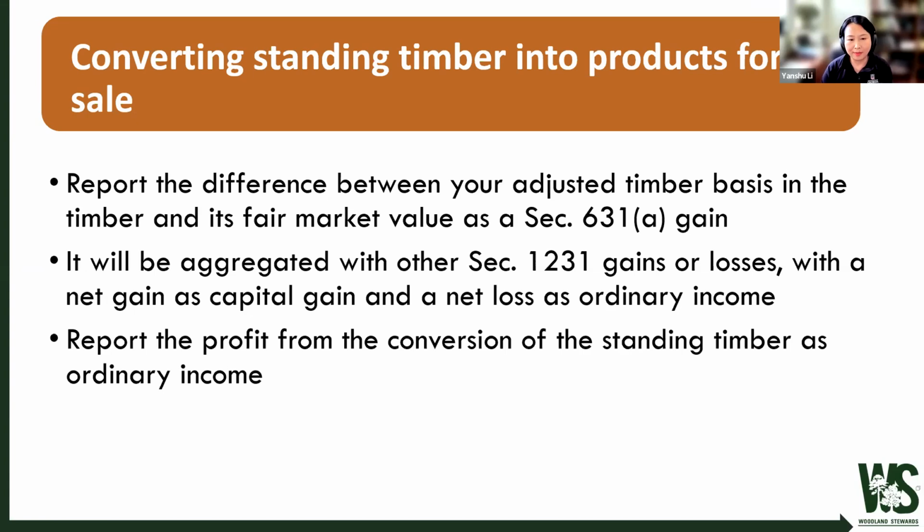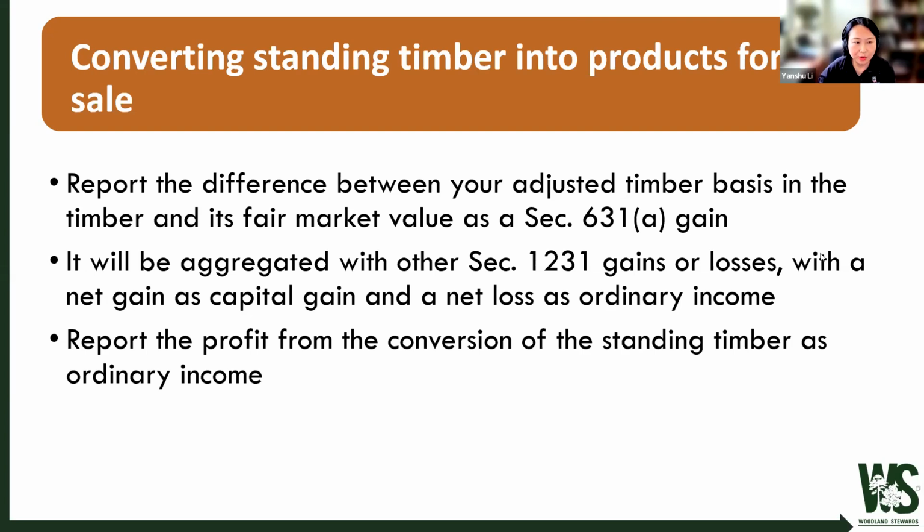And then, like Andrew said, that will be Section 1231 gain if your revenue is more than basis, and if it's less, then it's a loss. And then, just like Andrew mentioned, you need to aggregate it with other Section 1231 gains and losses, and then figure out whether it's a capital gain or ordinary income.